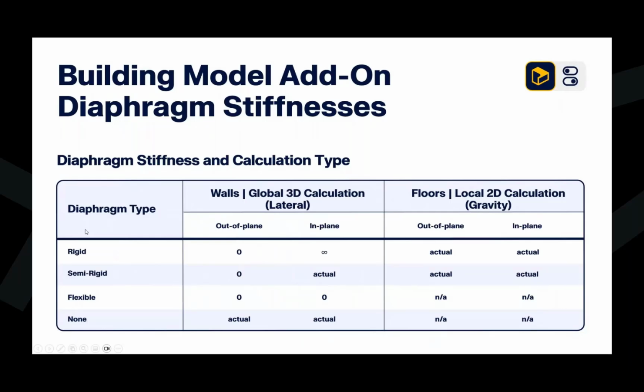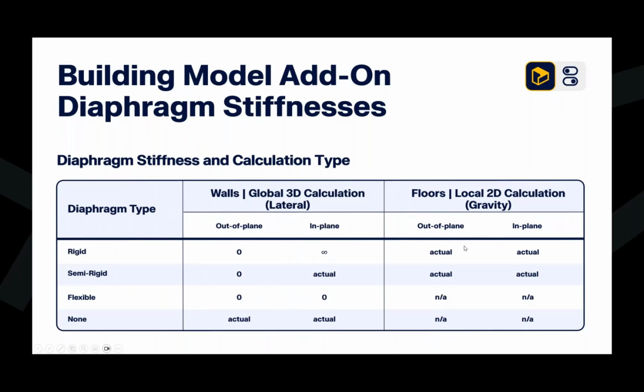When we have defined these different stories and specified a rigid or semi-rigid diaphragm that you see here, we actually separate out the analysis into two separate calculations, the gravity versus the lateral. So with this, we will extract out the floor elements and only apply those gravity loads.